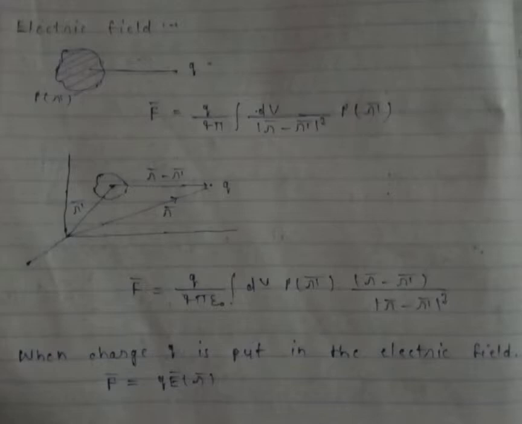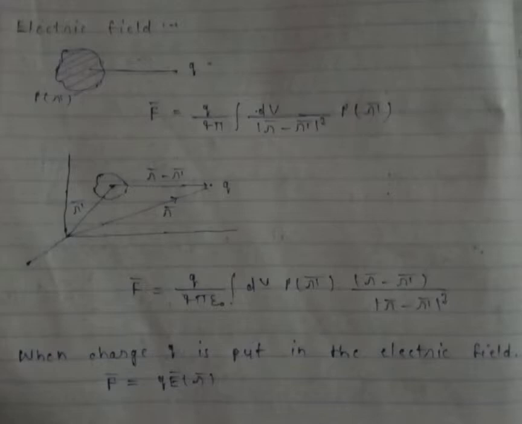What we learned in the last lecture is that if there is a charge distribution given, let us say rho r prime, and I am calculating the force on a charge q at a distance, let us make this coordinate system. This is at vector r, and this vector is given by r prime. The vector from here to here is r minus r prime.